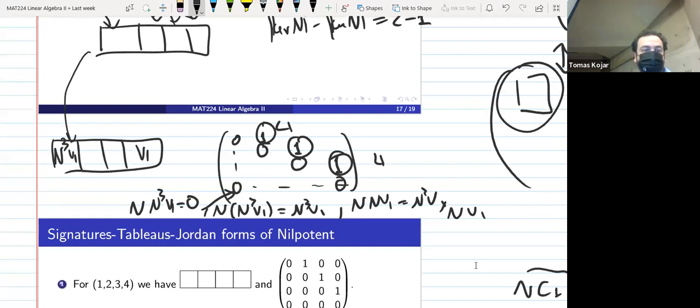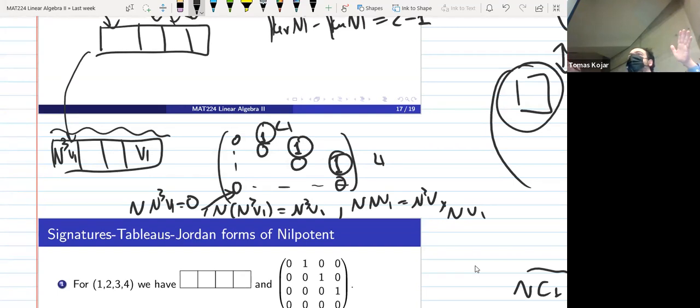Questions? If it's one row, it means we only have one Jordan block. That's right. And the block will be 4 by 4 because it has 4 boxes in the row. So the size of the block is the nilpotency degree, and it gives you the dimension for your eigenspace.